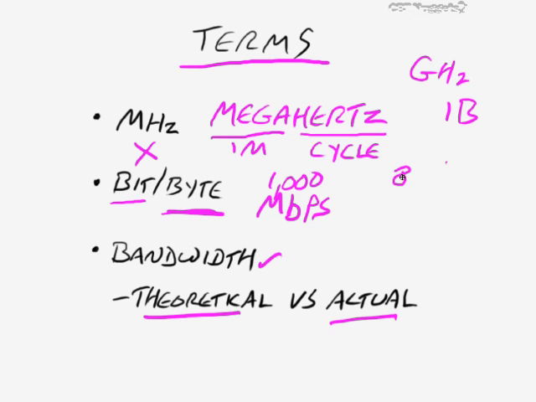Well, 8,000 megabits per second is actually 1 megabyte per second. So it's the same kind of 1 to 8 relationship with megabits and megabytes that we have with bits and bytes that we see over here.